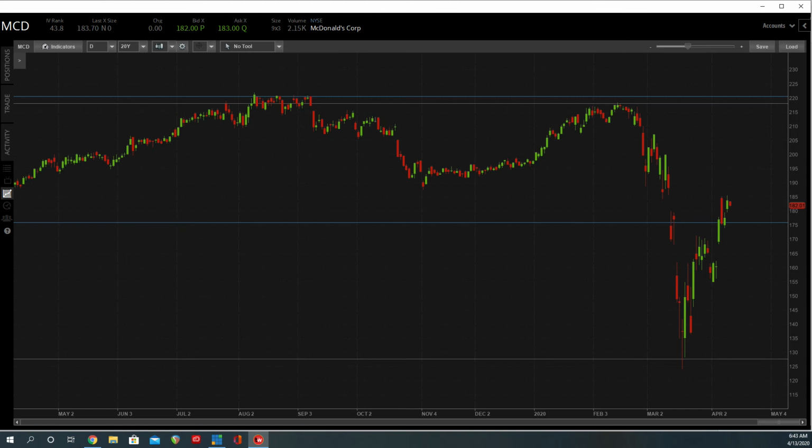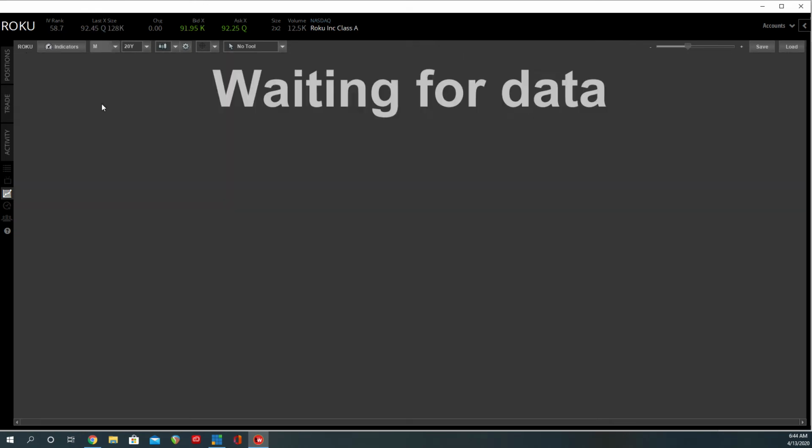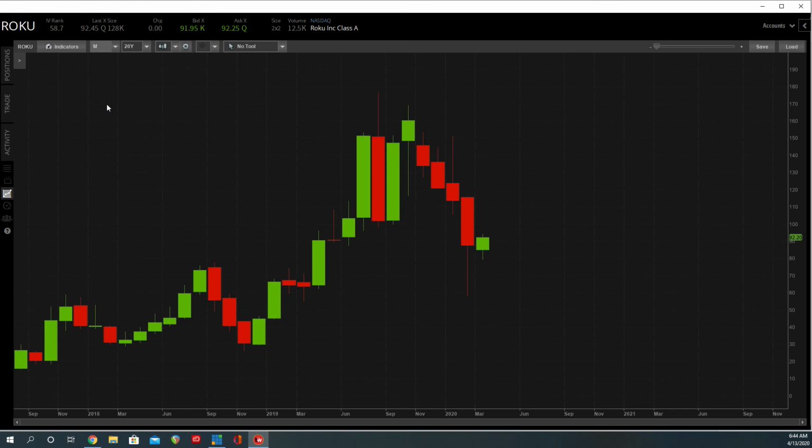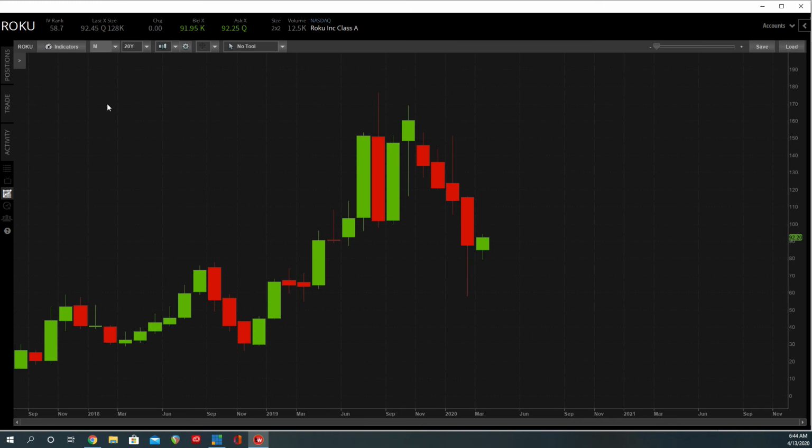Anyway, let's just do one more. Let's do Roku. Everybody's familiar with Roku these days. So let's go back to monthly. Have no idea how long they've been trading. And that is it. They've been trading for a couple years. So that is their history right there. So let's put some price points on there. Price levels. Let me pull him up just a hair.